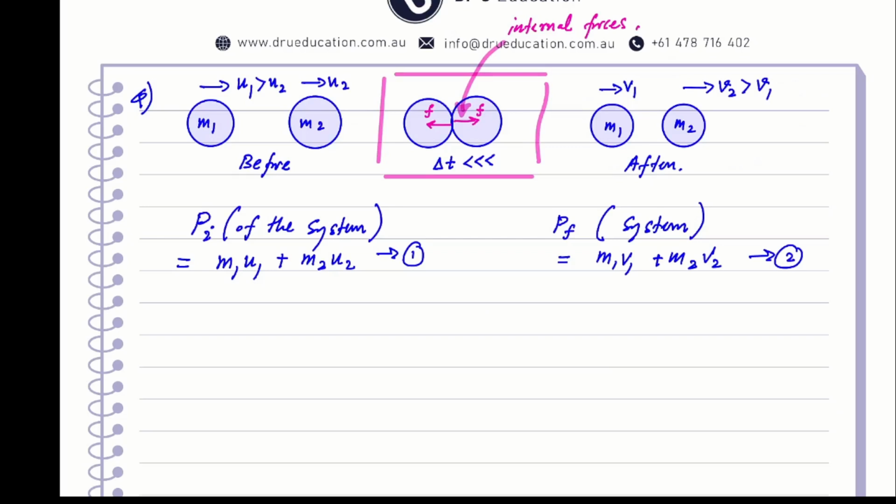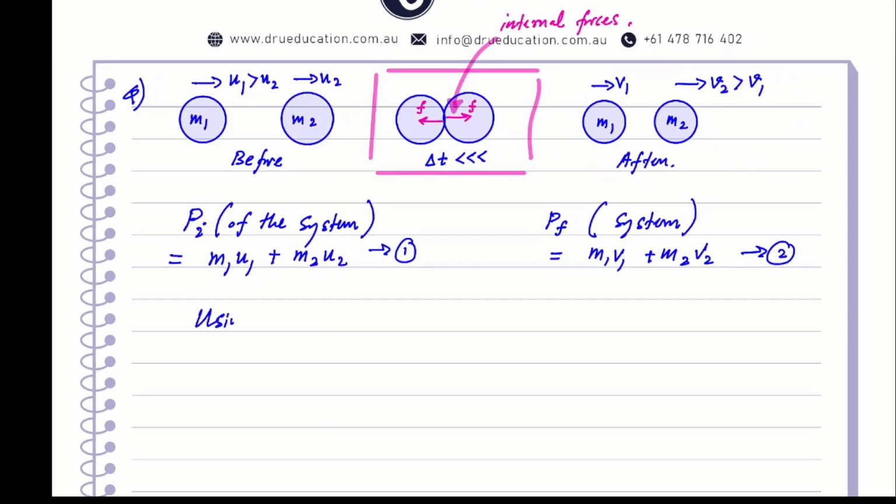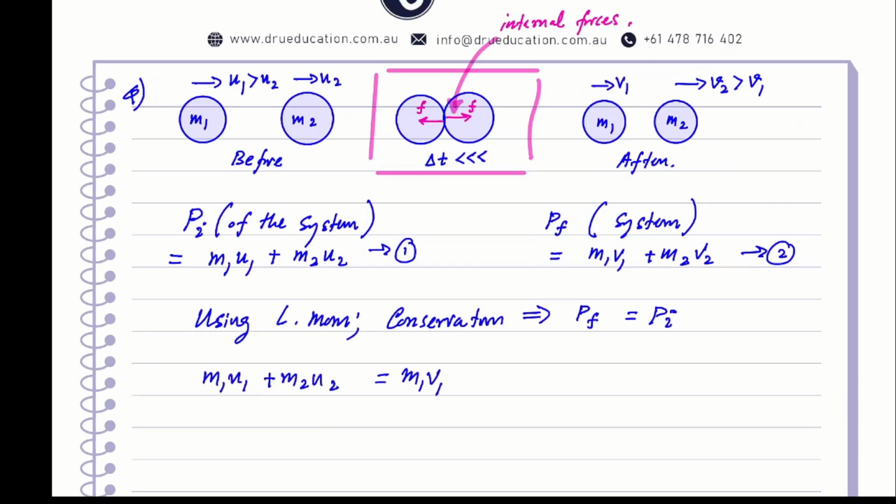So this is a system where we cannot find an external force or external contribution, so we can definitely use linear momentum conservation. Using linear momentum conservation, you can say that P final is equal to P initial. So in that case, M1U1 plus M2U2 is equal to M1V1 plus M2V2. This is the relation we get using linear momentum conservation.